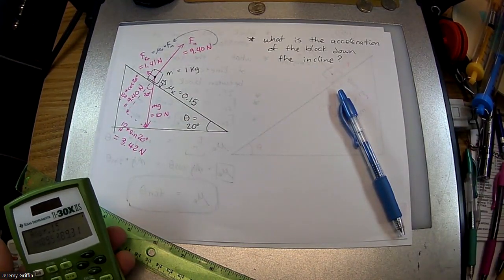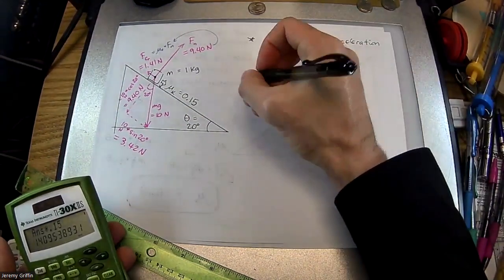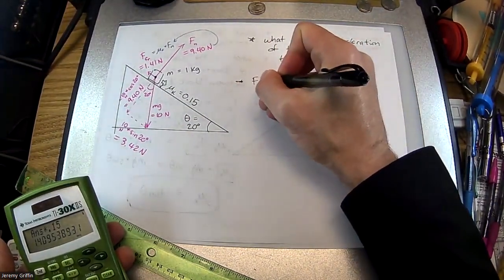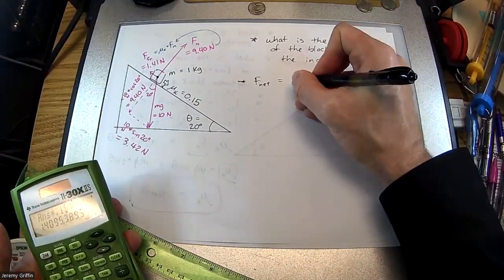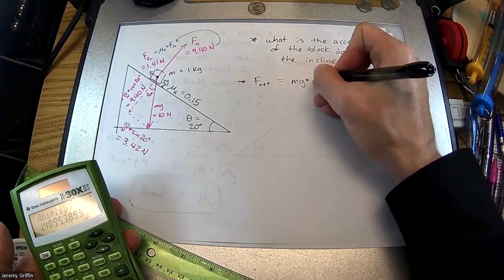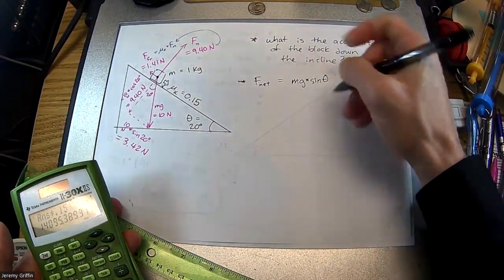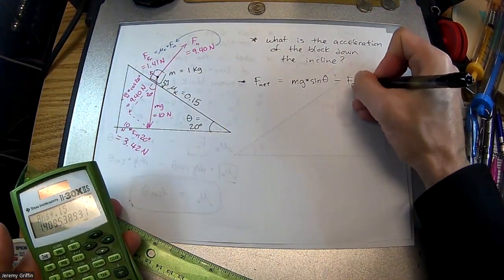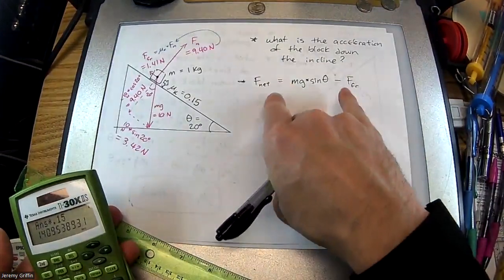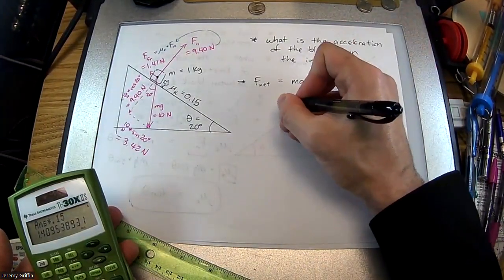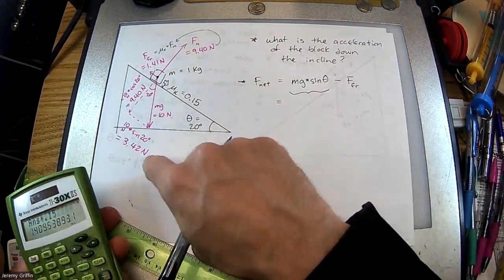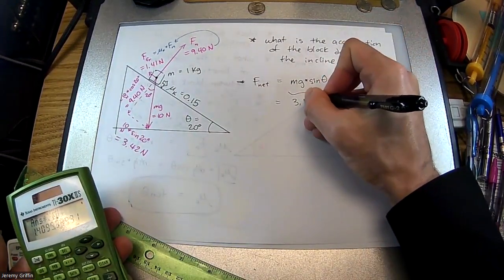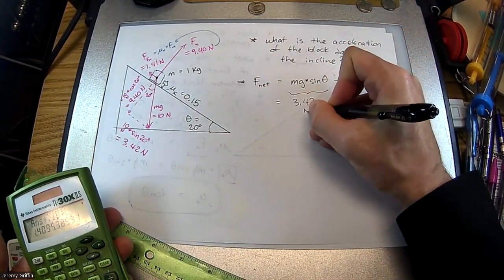Let's find that. F net equals, in terms of variables, mg sine theta trying to accelerate down minus the friction force opposing that. That's the setup, and I have values for each of those. This whole mg sine theta I found to be 3.42 newtons.